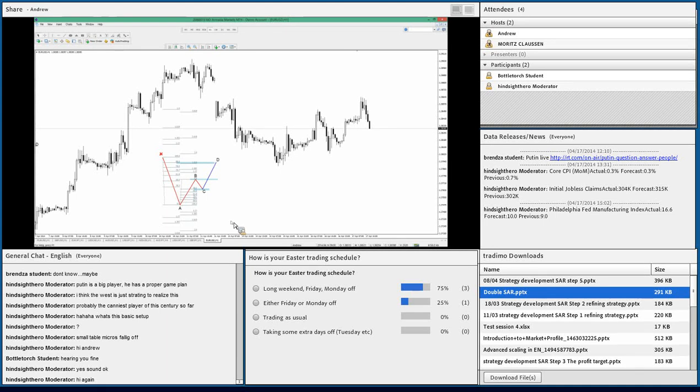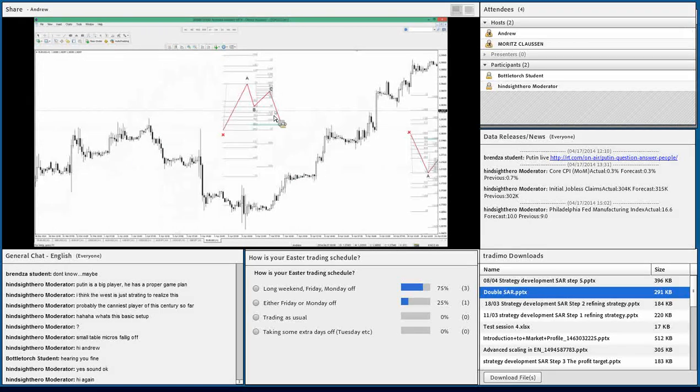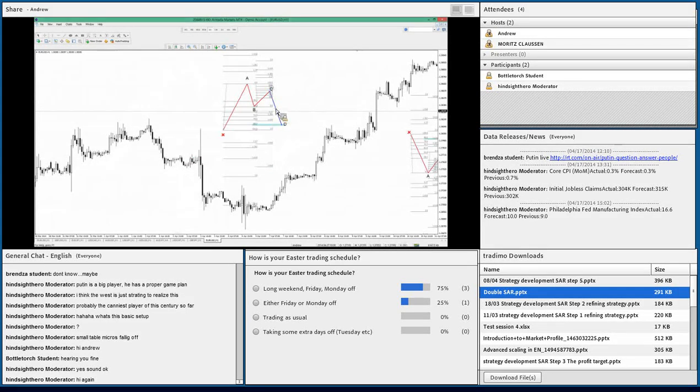So just be wary of that, because that can put a lot of traders off. And the same if we look at this pattern here. This is the bullish version. The CD leg is the leg that moves down with a lot of aggression.